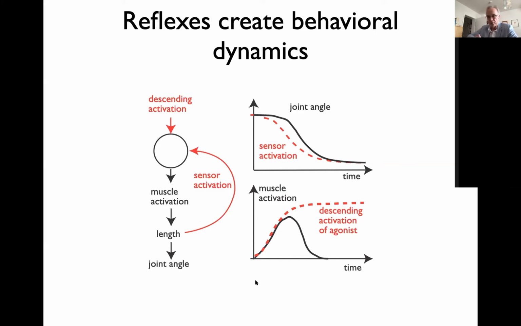Because when you're done with the movement, the muscle goes silent, right? Unless you have a load on your limb. And that turns out to be true, and I'll show you in a moment that it is true, without explaining a lot of detail. So the muscles make a temporal excursion that reflects timing, but the descending command is not monotonic, and ends up at a different level that reflects the new posture.